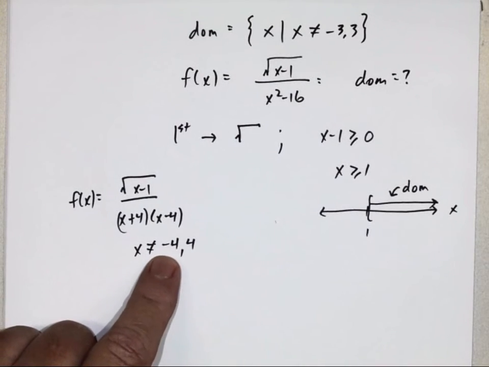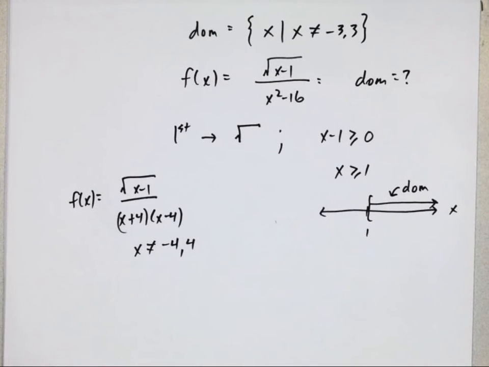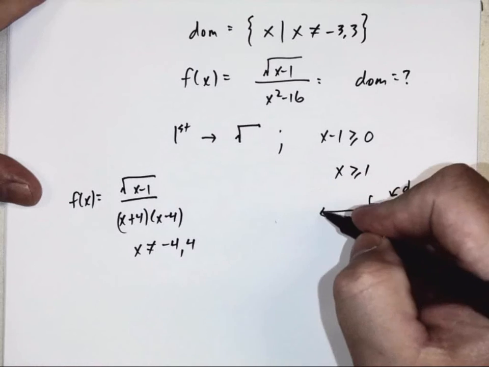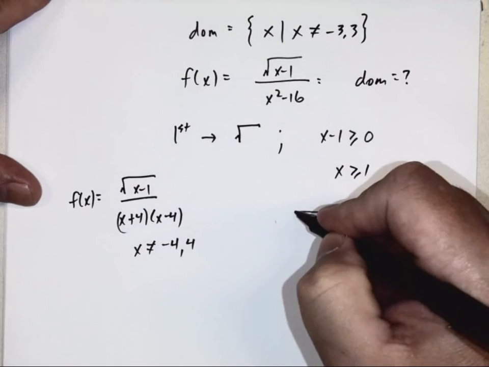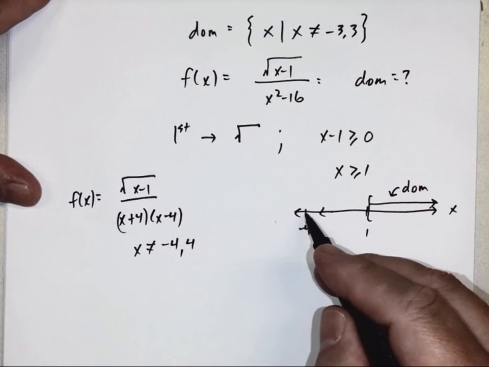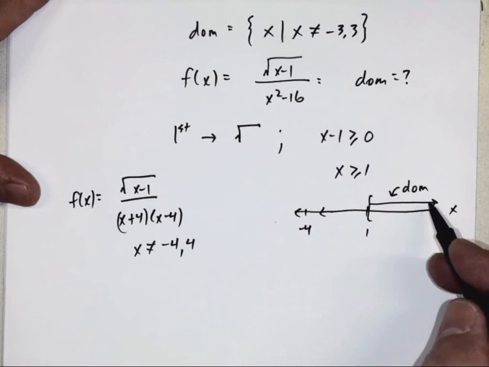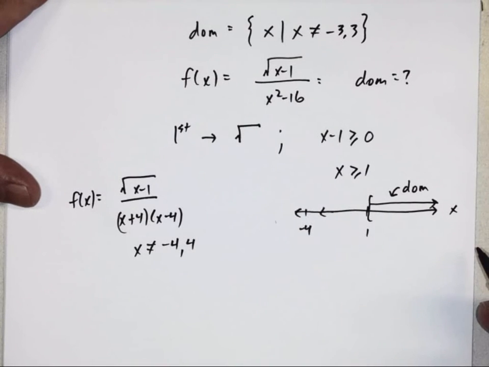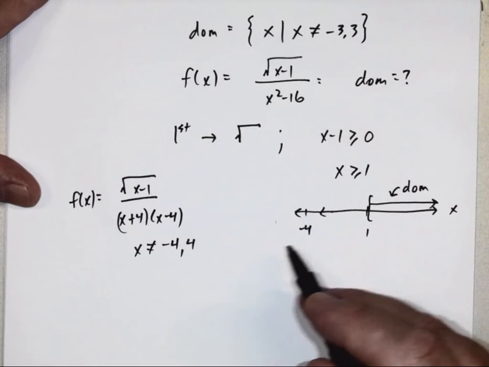Now if I take this information and go over here to this graph I created, and graph negative 4 and 4, well, maybe negative 4 is way over here. And you know what? Negative 4 has been excluded. Negative 4 is not in the domain because of the square root. In other words, negative 4 has already been eliminated. I don't have to worry about it.